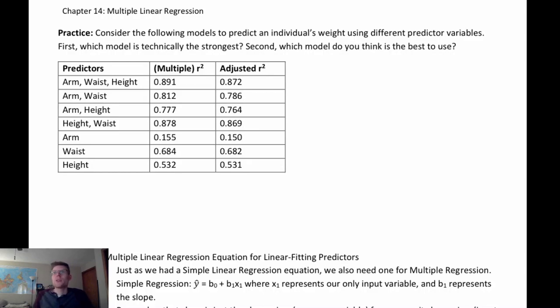So the first question here is, which of these models is technically the strongest? Which model is technically explaining the most variability in weight? The answer is pretty easy, and that's going to be the model with all of the predictors in it, with arm, waist, and height, because it is explaining the highest amount of variability. I also notice that it has the highest adjusted R-squared as well, which we're going to talk about a little bit more next.